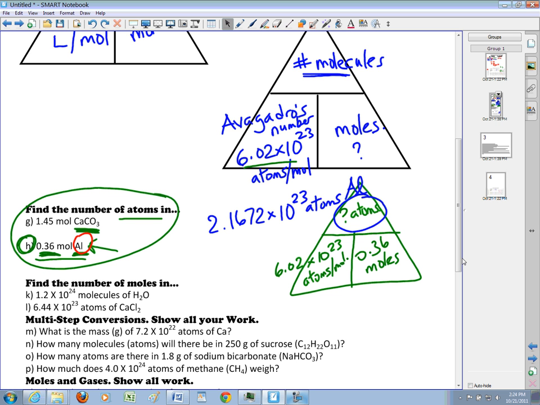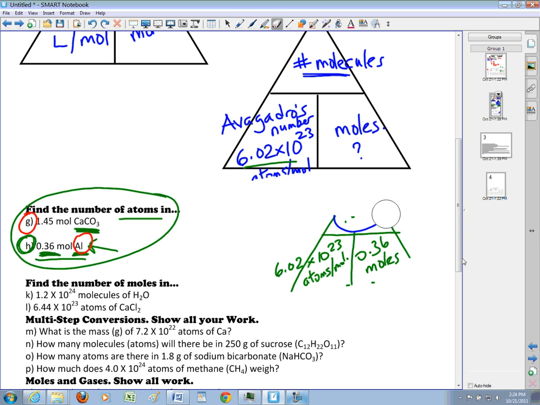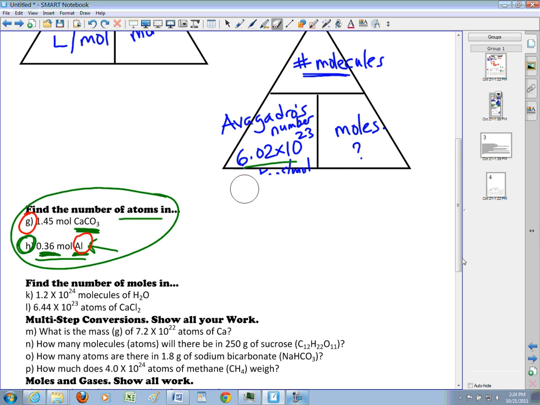Okay. Let's try letter G, which is similar. It's one step more challenging. Let's take a look at that one. Okay, so let me just erase what I have here. Using the same triangle. Okay, but it's a little bit different.